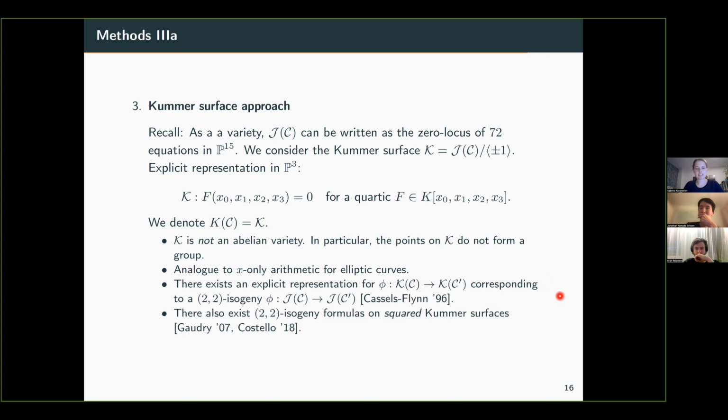And maybe I should mention there also exists something called the squared Kummer surface, which is a related object that was, I think, first introduced to speed up multiplication by 2 on Jacobians. But actually what they did was to construct certain 2 isogenies, and in a later work it was used to compute some special kinds of 2 isogenies between hyperelliptic curves.